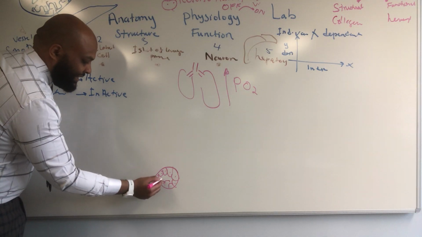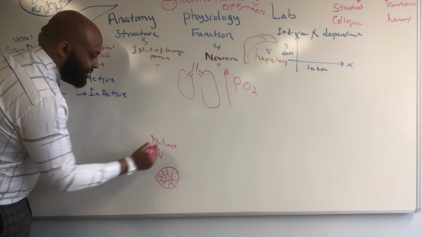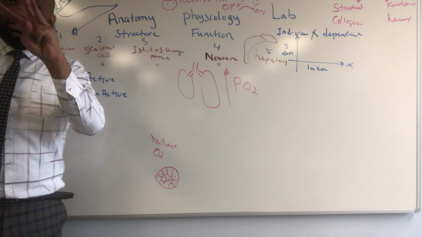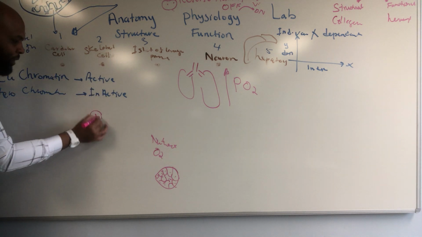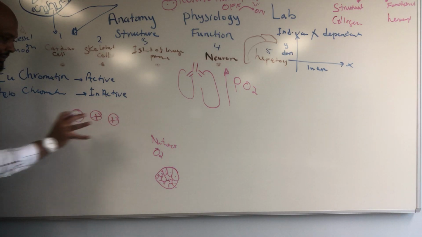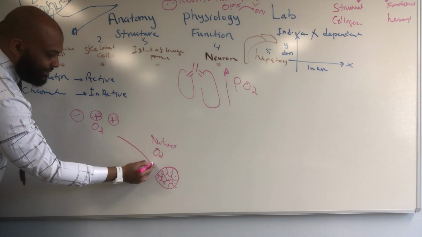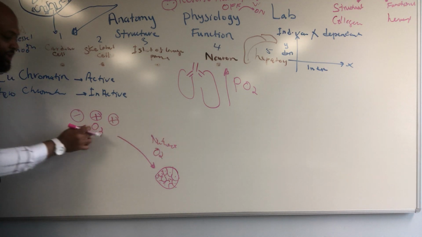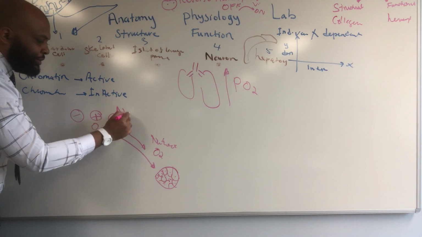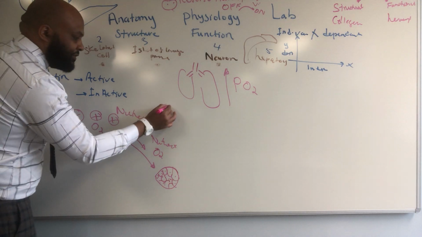Your tissues need oxygen, they need nutrients, so what's the function of blood? Blood has three functions, two pluses and one minus. The first plus is to give oxygen. So this is tissue. If blood comes to this tissue, it's going to give it the first plus, oxygen. The second plus is going to give it nutrients. It's going to give it food. We have three different types of nutrients.